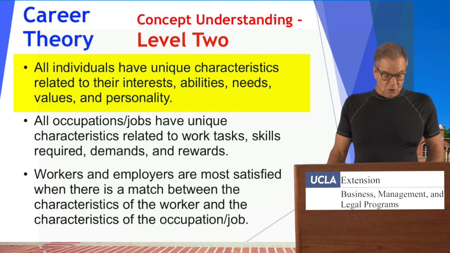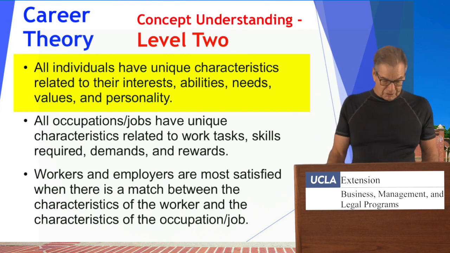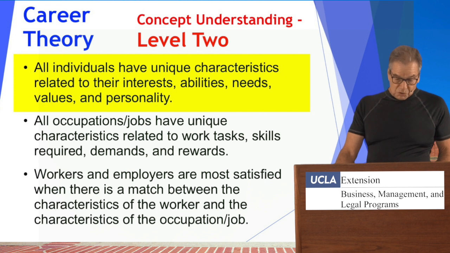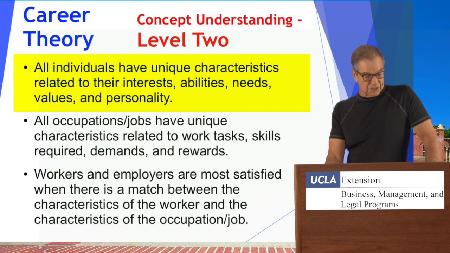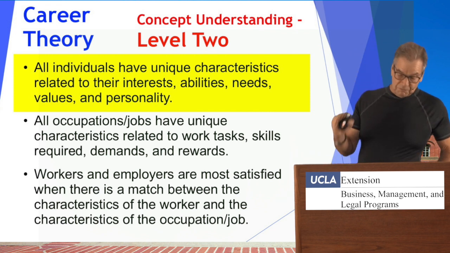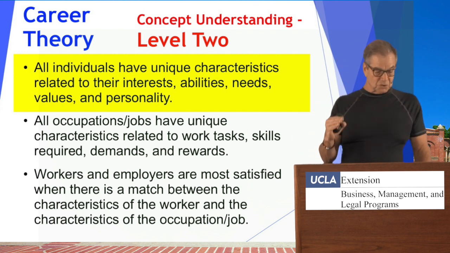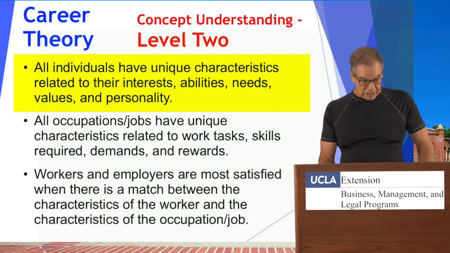Level 2 is what we call career theory, and this is just dumb logic, but there are 3 points that we're going to make here. All individuals have unique characteristics related to their interests, abilities, needs, values, and personality. I'll read that again. All individuals have unique characteristics related to their interests, abilities, needs, values, and personality.